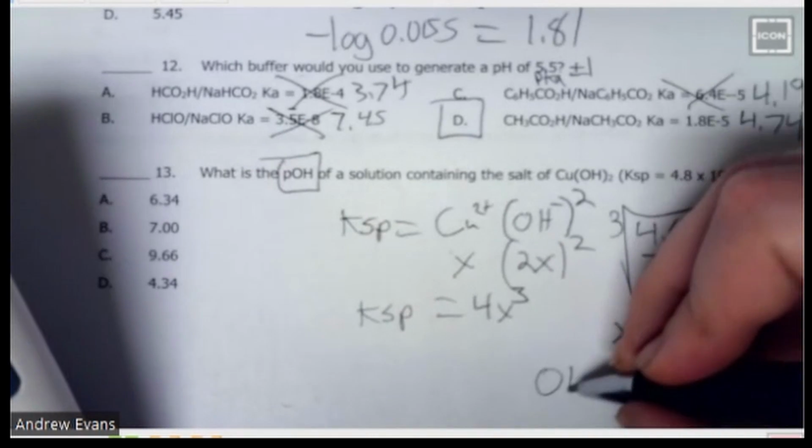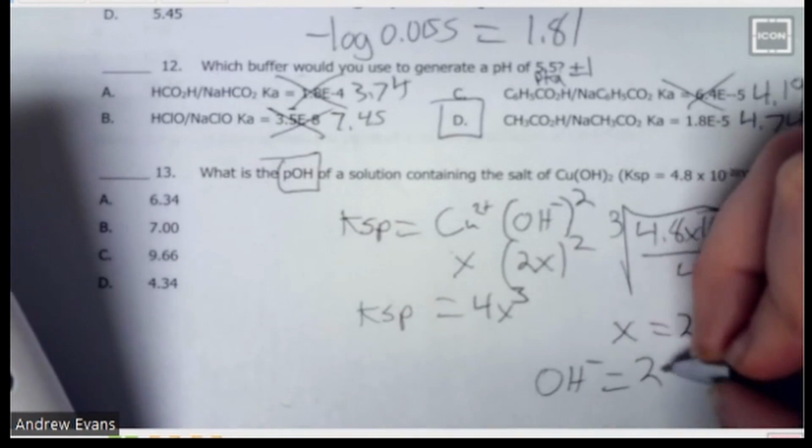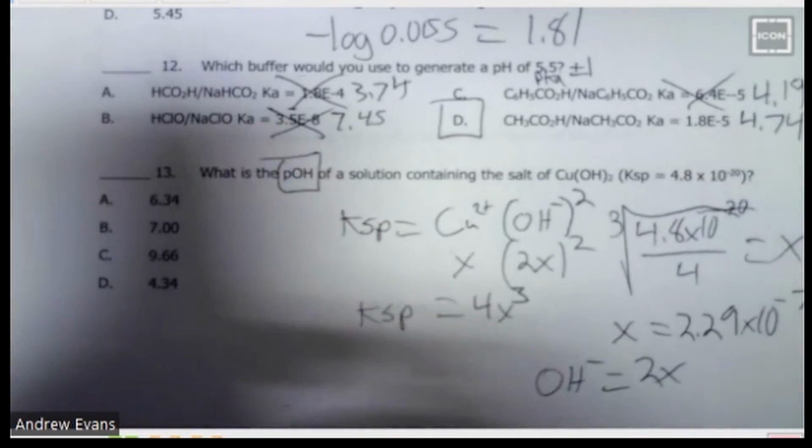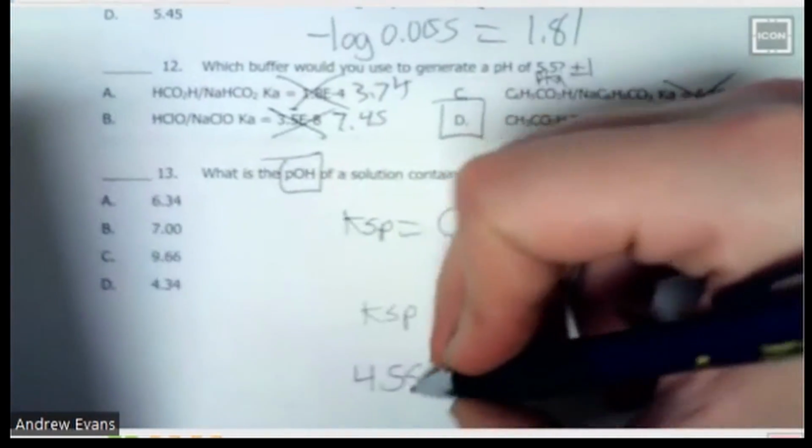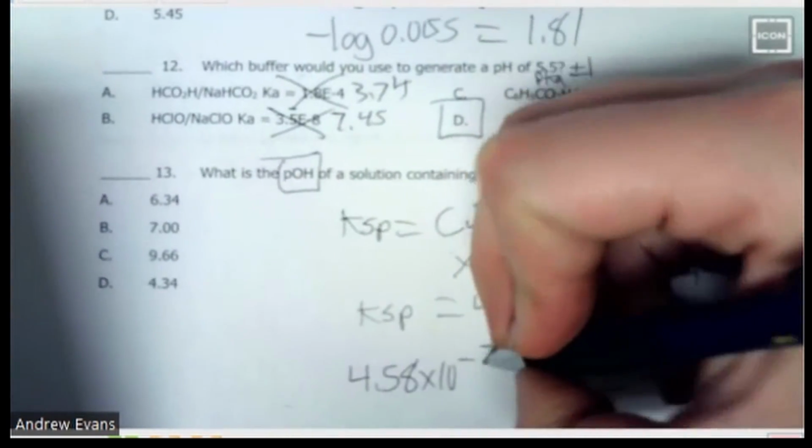So OH minus would be 2x. So we double that. OH minus is 4.58 times 10 to the negative 7.